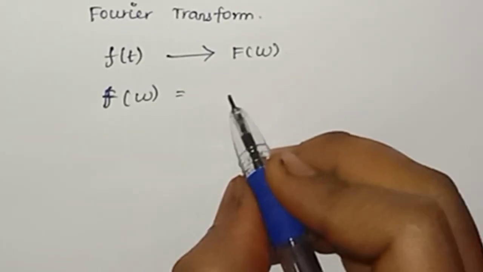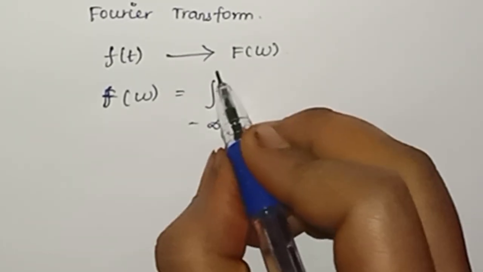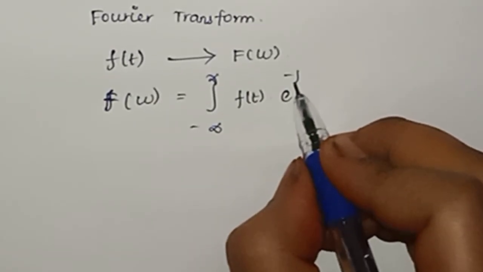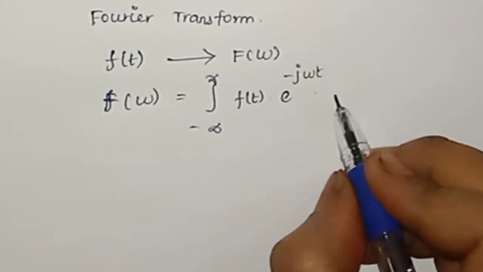F of omega equal to integration of minus infinity to infinity f of t e power minus j omega t into dt.